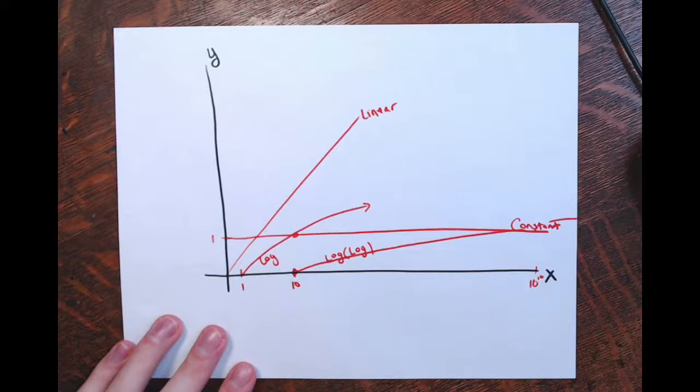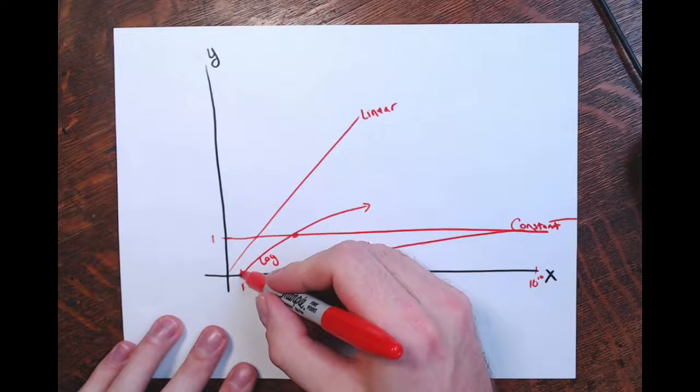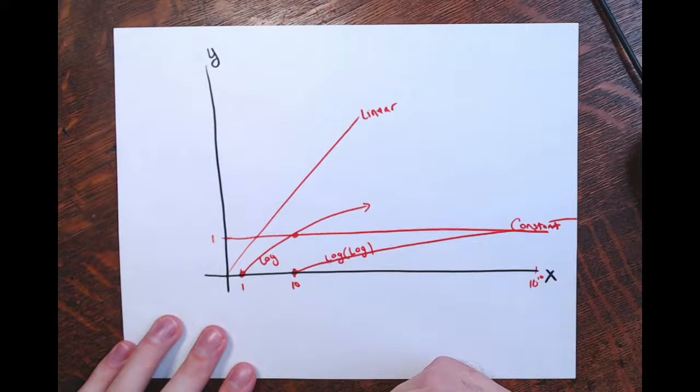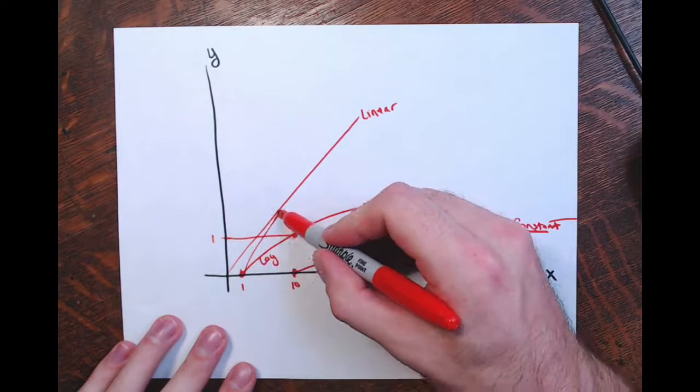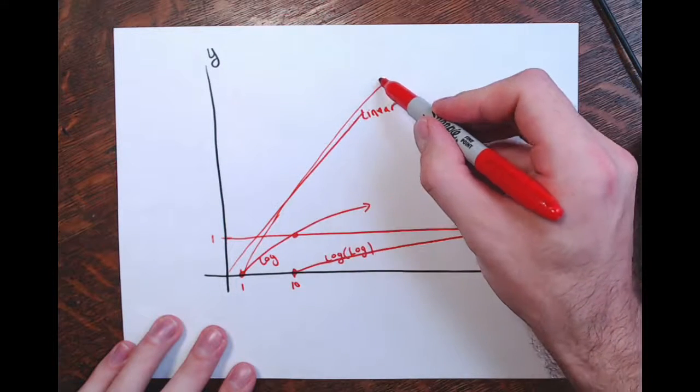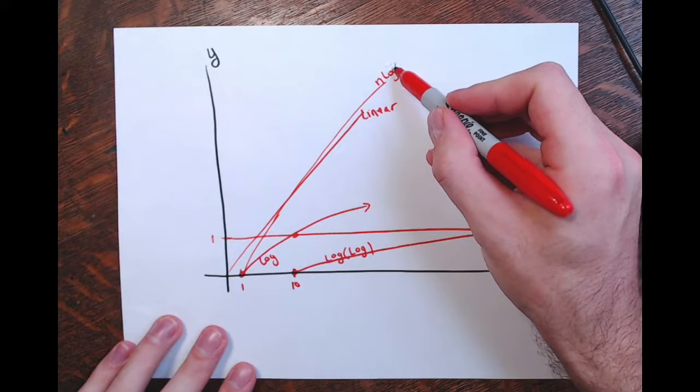All right, then n times log n. Now that would start at 1, 0 here. But eventually shoot up and eventually grow faster than the linear. So it's eventually faster. N times log n.